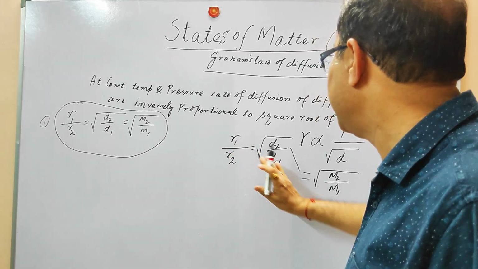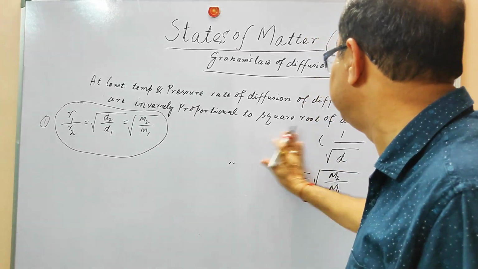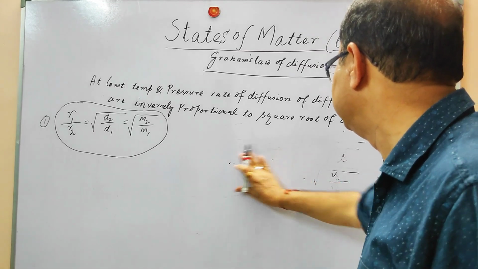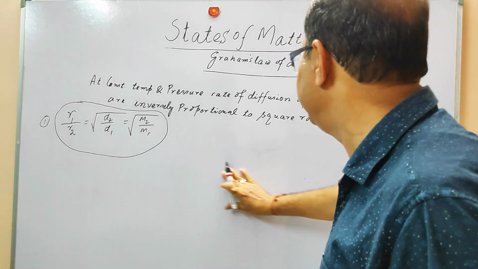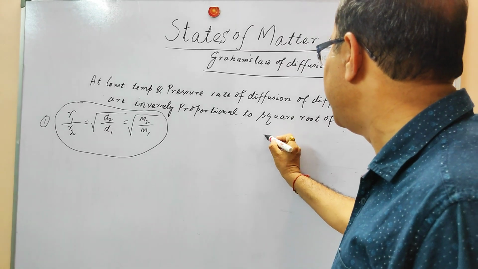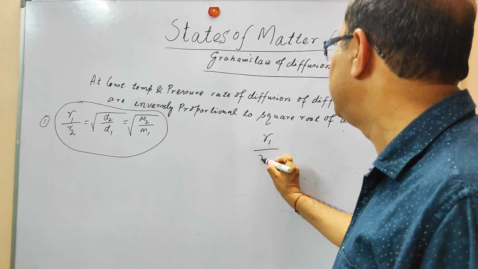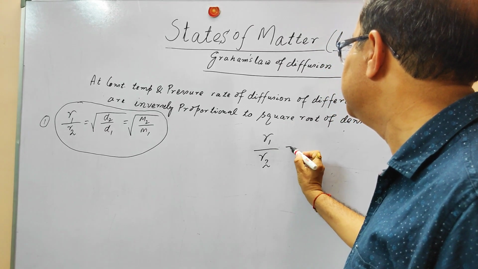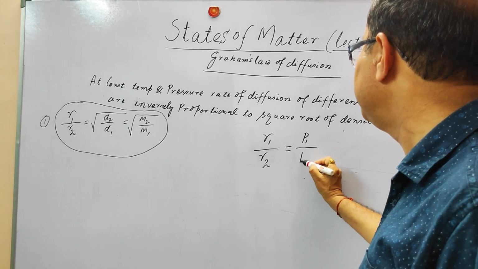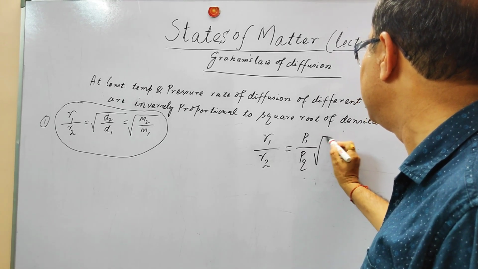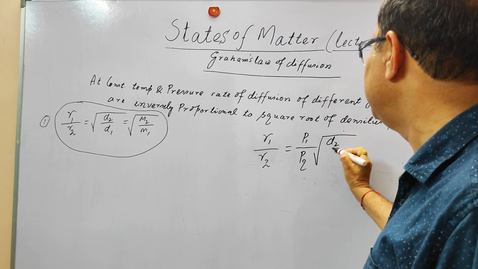So again we can write the next one: R1 by R2 is equal to P1 by P2 into D2 by D1.